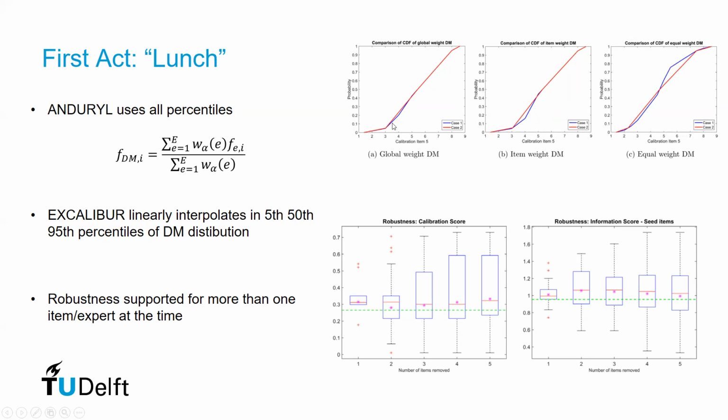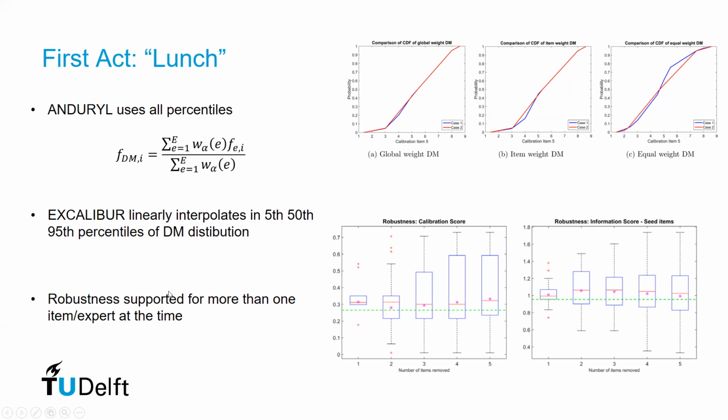In item weights and in global weights, you see less of a difference, because I think for this case there are only 2 experts entering with non-zero weight. So the more experts entering a particular mix, the more possible it is that there will be differences between just interpolating between the 5th, the median, and the 95th, or taking all possible quantiles given by experts.